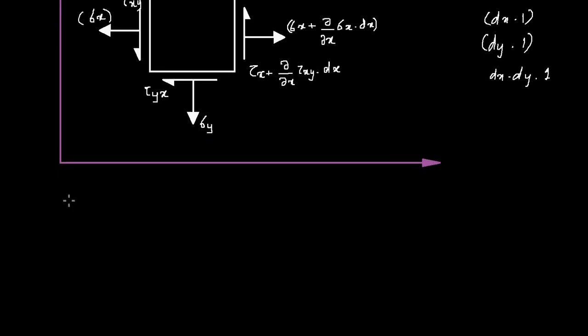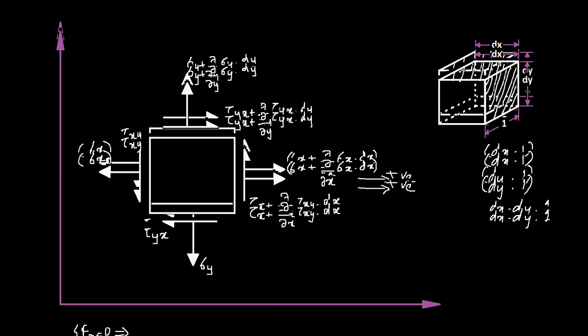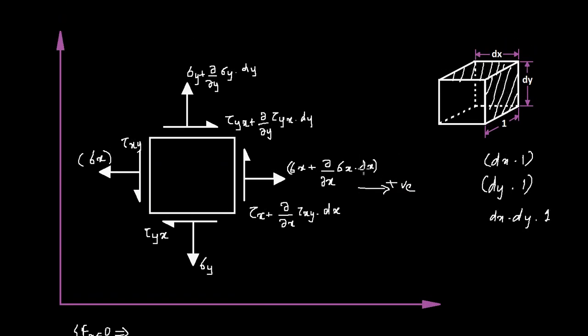So for force equilibrium in x direction, we should have summation of forces in x direction equal to 0, and that will give you, we take this as a positive force because that is acting along the positive x direction, and let's take this as a negative force. As you can see, this is in the positive x direction, this stress also is in the positive x direction, and this one is in the negative x direction.